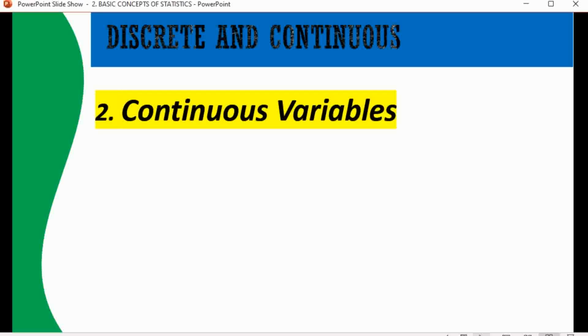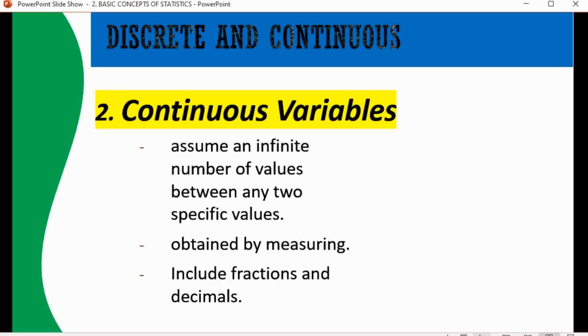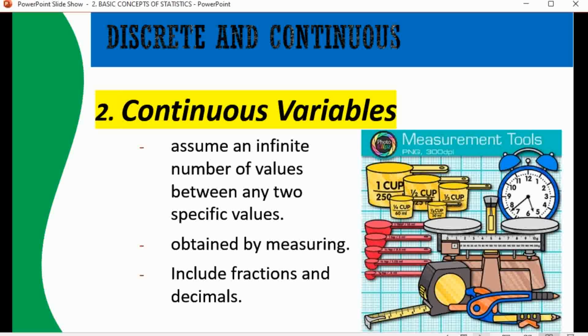Continuous variables, on the other hand, if the other one was counted, this one is when we would like to use measuring tools to obtain values. So in this case, we assume that the number can be infinite. In other words, we cannot just simply label it as just 1, 2, 3, and 4. Sometimes there are fractions, sometimes there are decimals. So there is no exact value here. Examples are, of course, what are the things that we often measure?